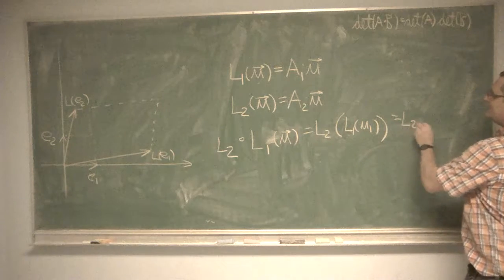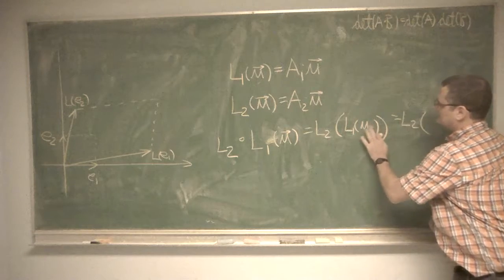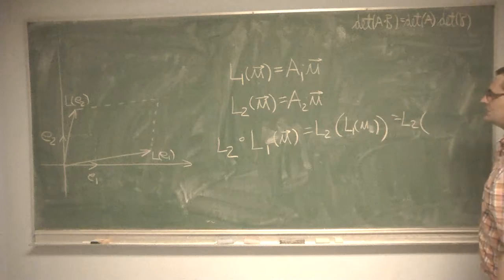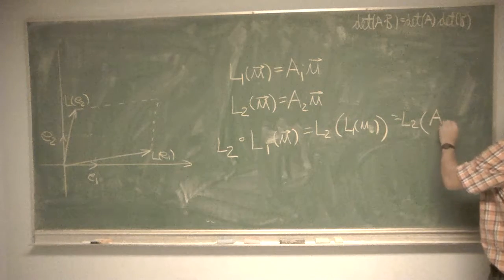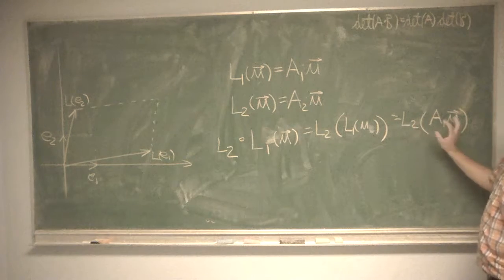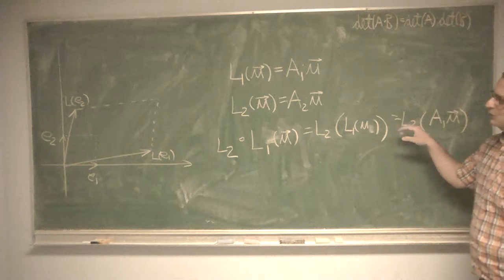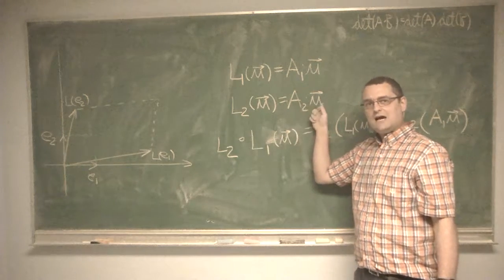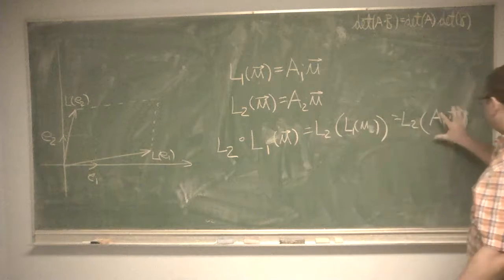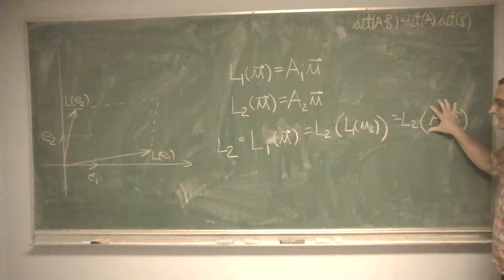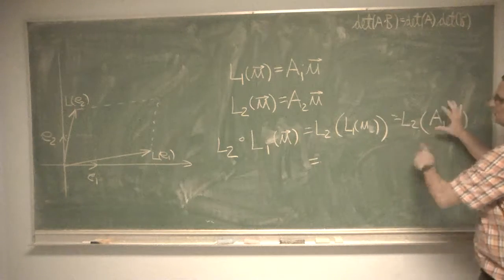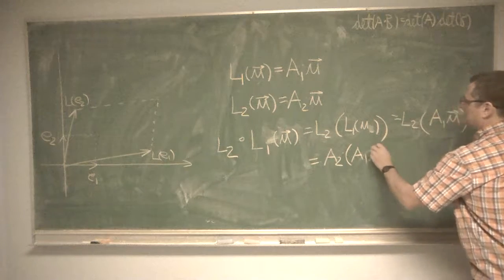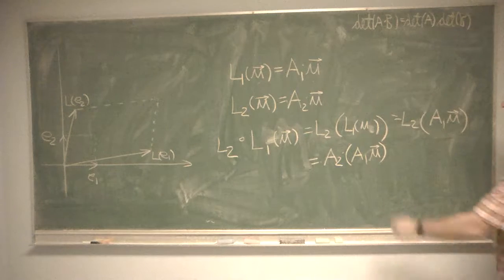L1 of u, that's A1 times the column matrix U. So that's A1 times U. But what is the image of this under L2? Well, the image of any vector under L2 is matrix A2 times that input vector. So if this is my input vector, my output under L2 is going to be matrix A2 times A1 times U.